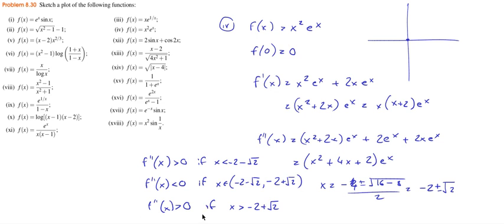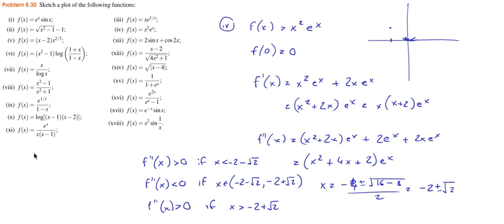Because the function is concave there, so it's going to be something like this. And then at minus 2, let's say this is minus 2 here, the second derivative is negative, so we have a maximum here.